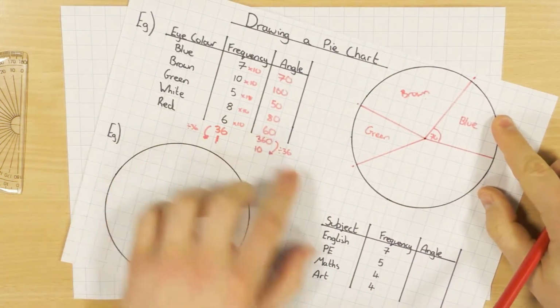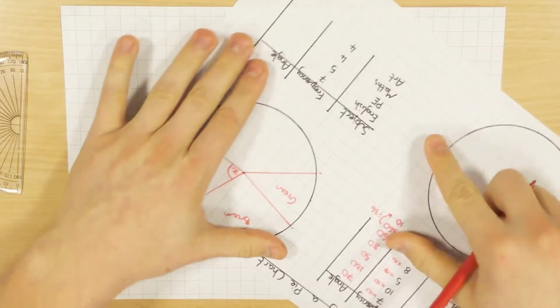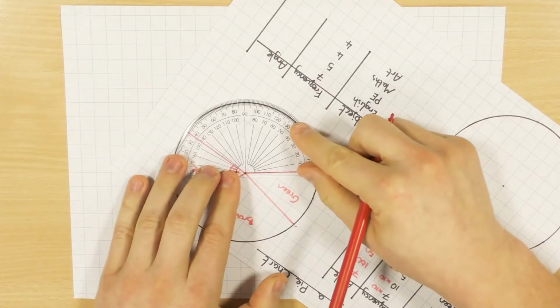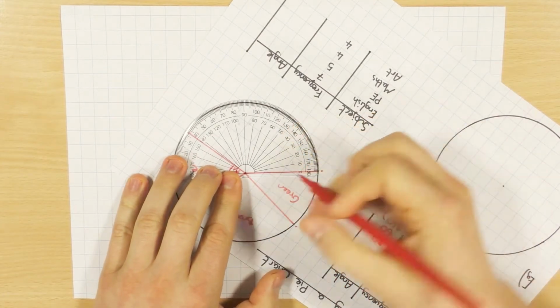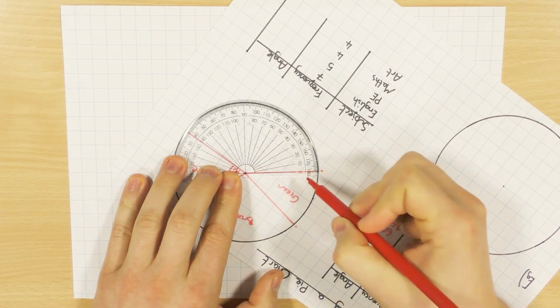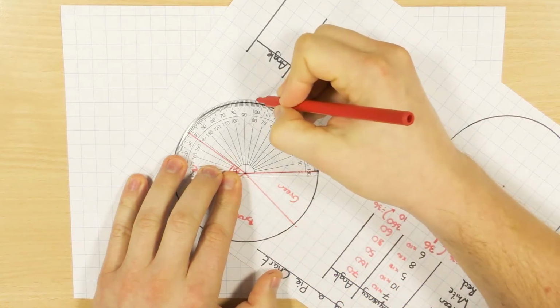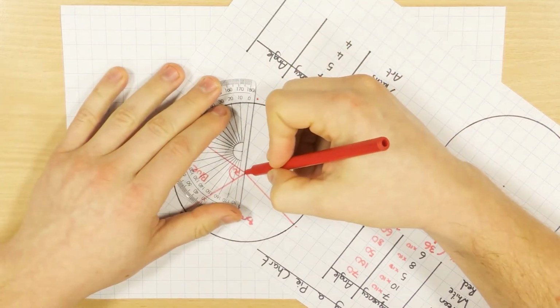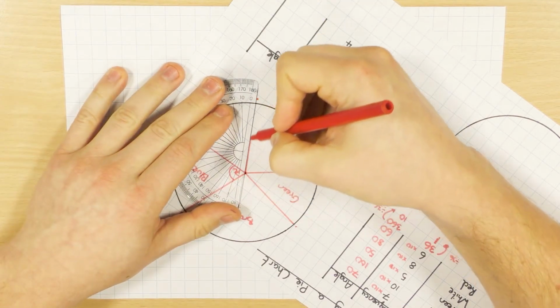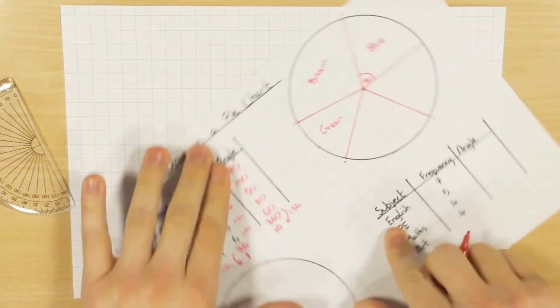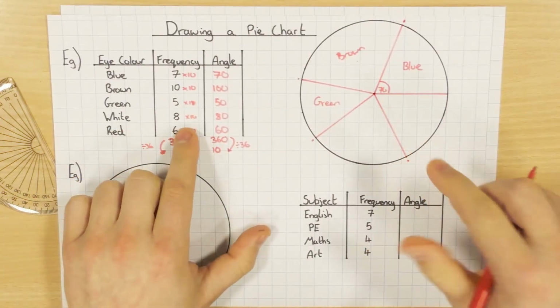Next one, white, is 80, so let's rotate it round again. So the next one here is 80. So again, where your point is at the center, 0 all the way around to 80, which is there. Line it up. So that one was 80, which was white.